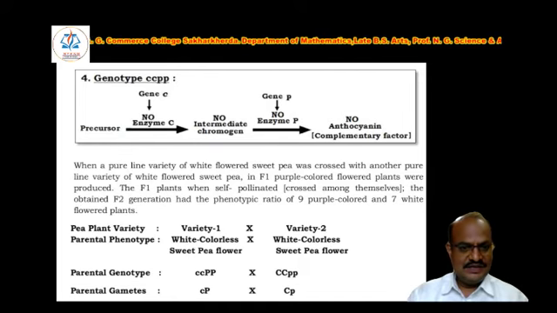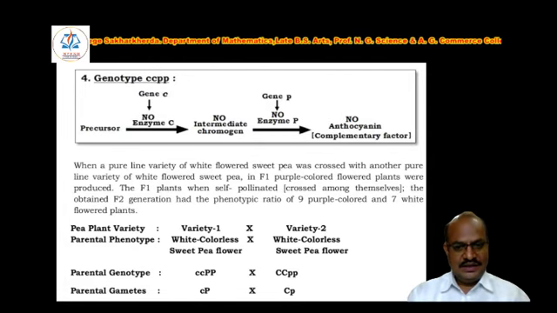In the second variety, capital C will be present. Here from both varieties, gametes will be produced. Between these two gametes, fusion will take place and produce the F1 generation.